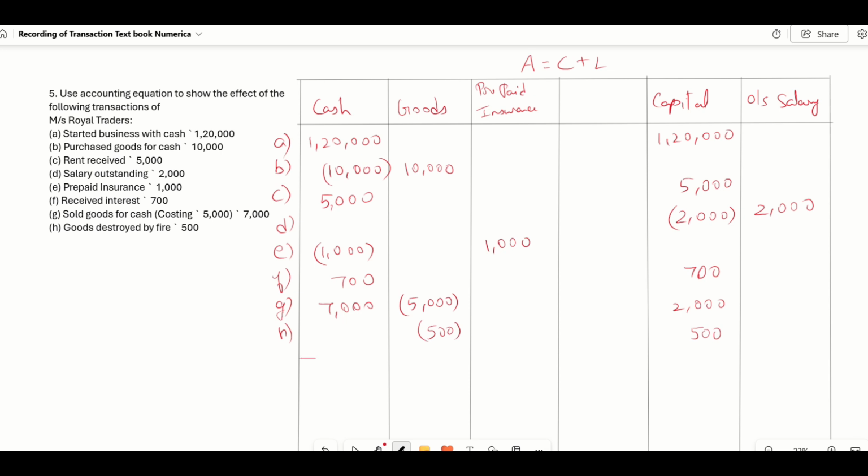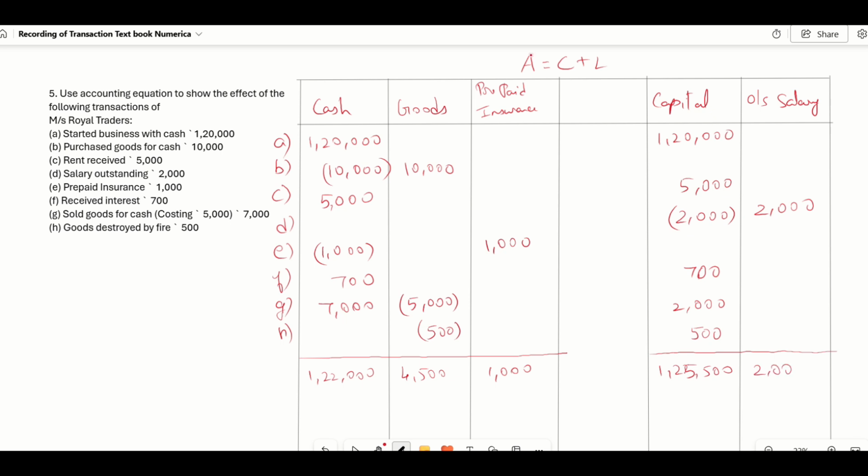So now we will sum up everything. Cash will stand at 1,22,000. Goods at 4,500. Prepaid insurance at 1,000. And capital at 1,25,500.